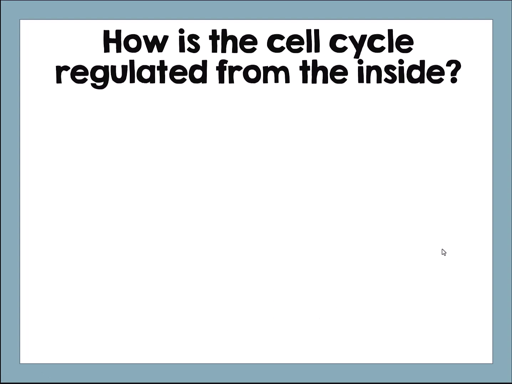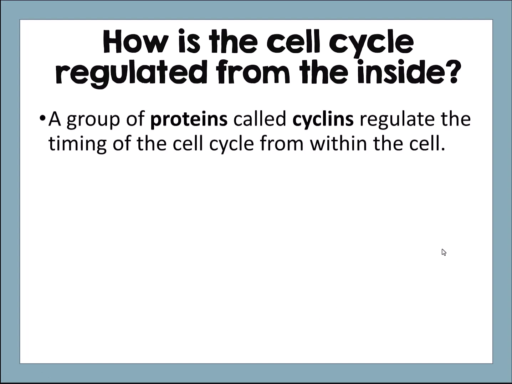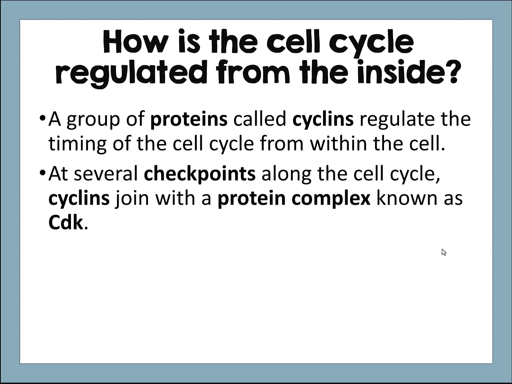On the other hand, on the inside, the cell cycle is regulated by a group of proteins called cyclins, and they regulate the timing of the cell cycle from the inside. At several checkpoints along the cell cycle, these cyclin proteins join with a protein complex known as CDK, or cyclin-dependent kinases.